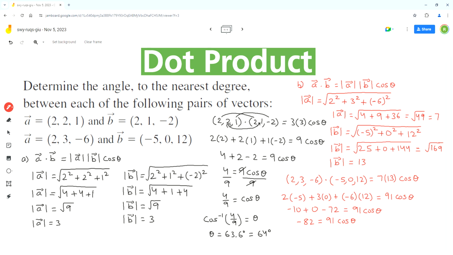Now we can divide both sides by 91. And now we have to do inverse of cos. So we can evaluate this term.